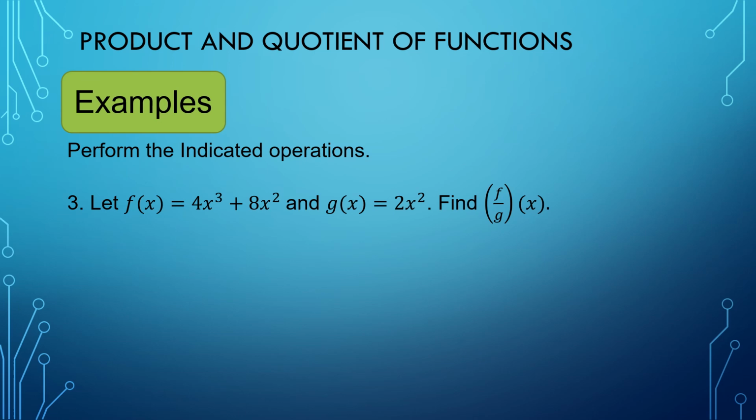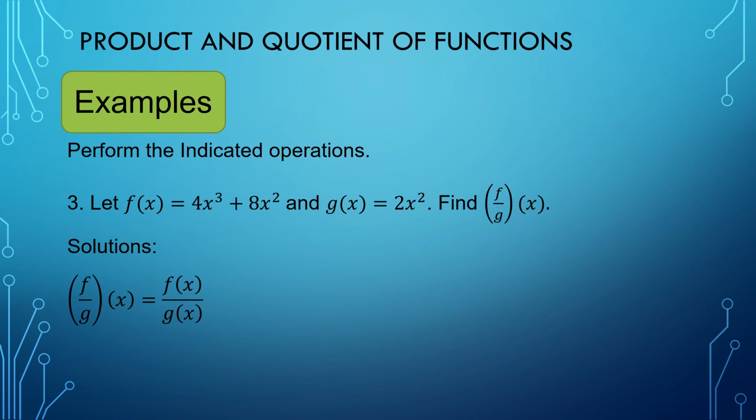Next we have here, let f of x is equals to 4x cubed plus 8x squared and g of x be equals to 2x squared. So find f over g of x, or find the quotient of the two functions. So we have the solution.